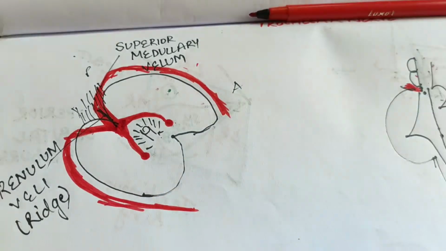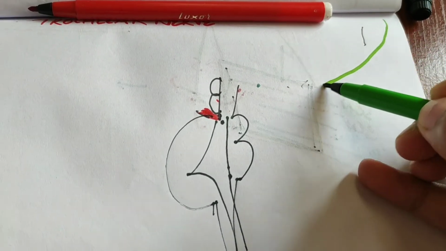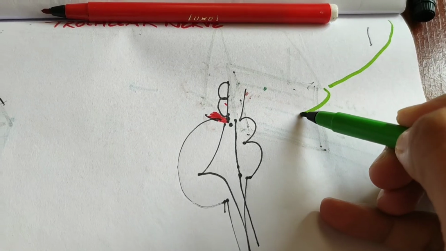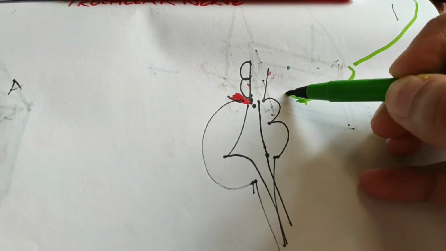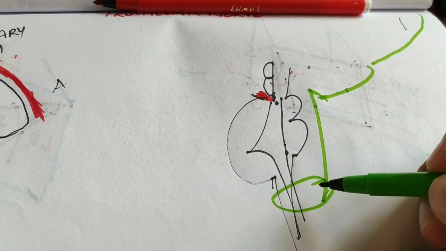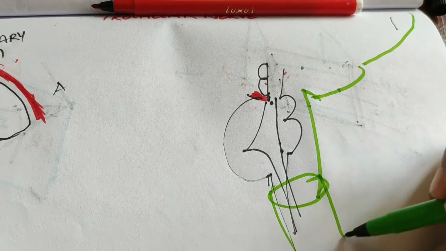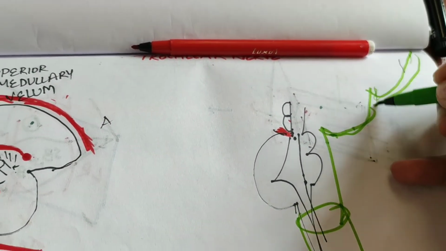So if I make the anterior cranial fossa, middle cranial fossa, and posterior cranial fossa like this, it will go a little up, and then it will go down from here. This is the foramen magnum.